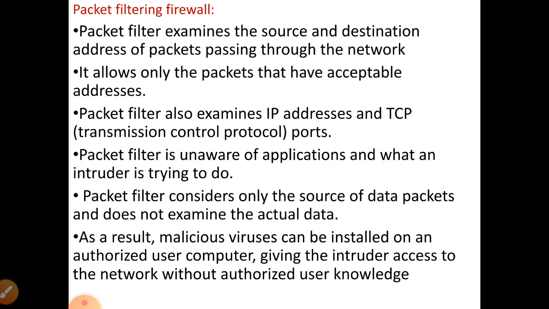The major aim of this packet filtering firewall is to examine the address of the source as well as the address of the destination. Second, they allow only packets that have an acceptable address. If your address is not acceptable to this firewall, your data will not enter the network.